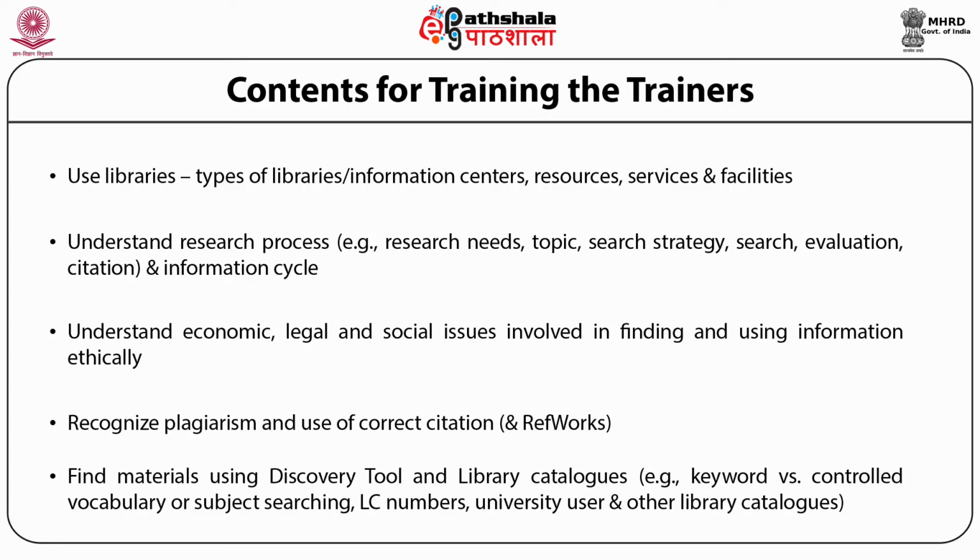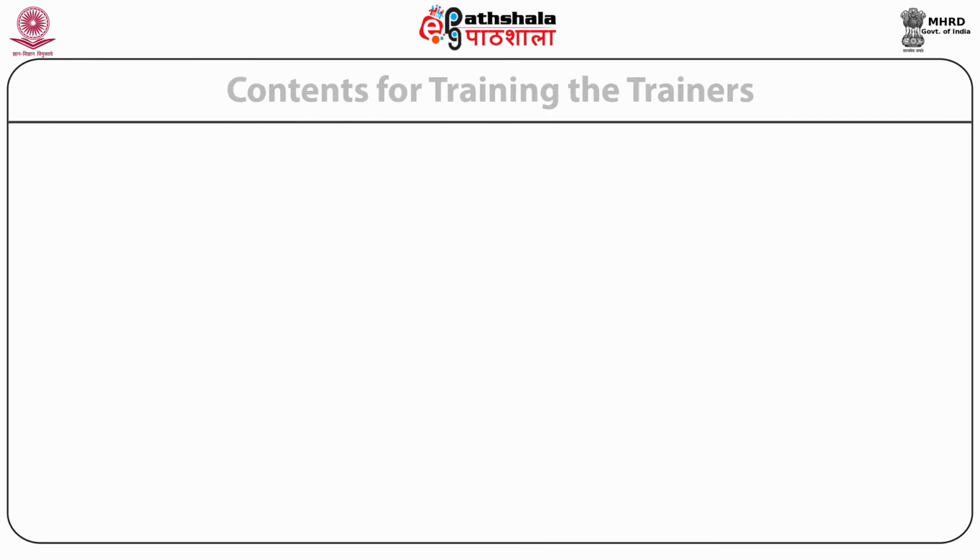This means how the different types of discovery tools are available, how different types of information can be searched with the help of a discovery tool, what are the different types of catalogs the library has or catalogs that are available on the web, which can be used by the professional in order to search the information to provide to the users.